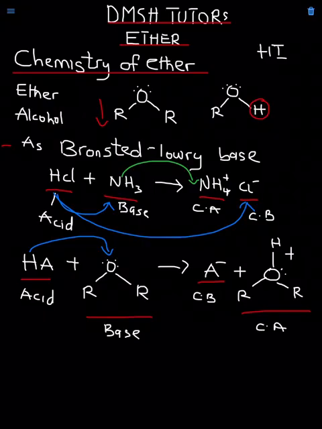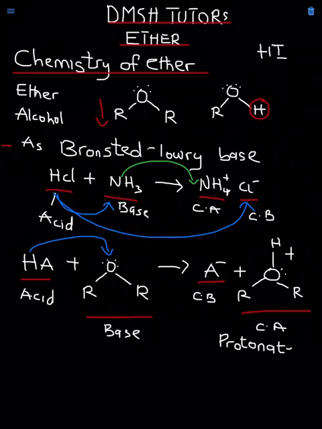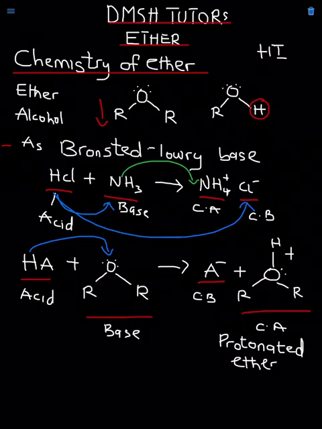This conjugate acid is said to be protonated ether. Before ether can undergo any reactions, it has to be protonated first. This is what we call activation of ether. So it has to be activated by protons.